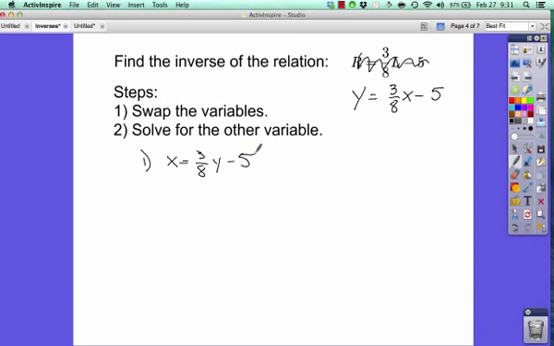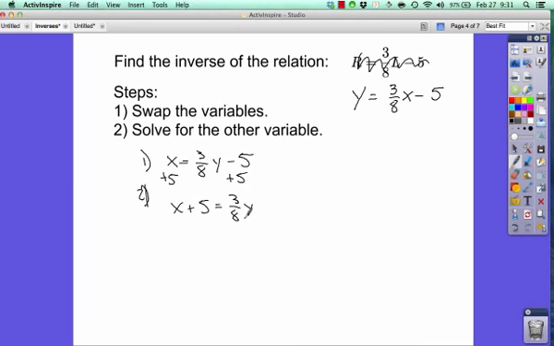And now we solve for which variable? What do we usually solve for with a function? We usually try to get y isolated. So here we're going to try to isolate y. Can we solve for y? How do we do that? What's the first thing we do? Add 5 to both sides. I get x plus 5 equals 3/8 times y.